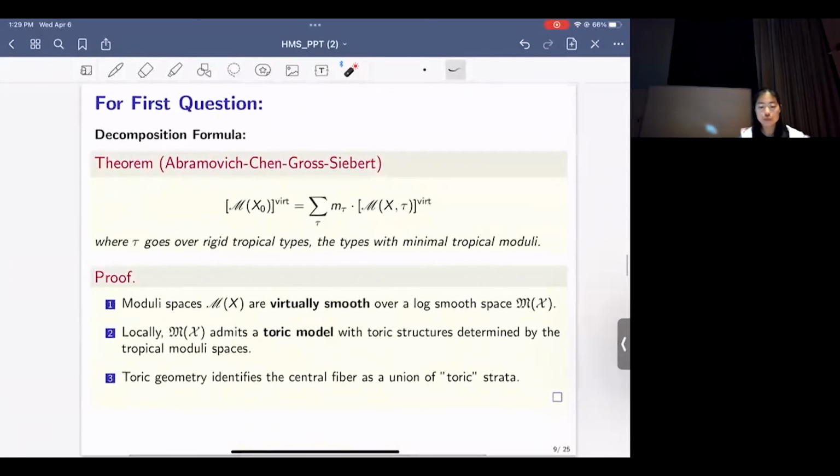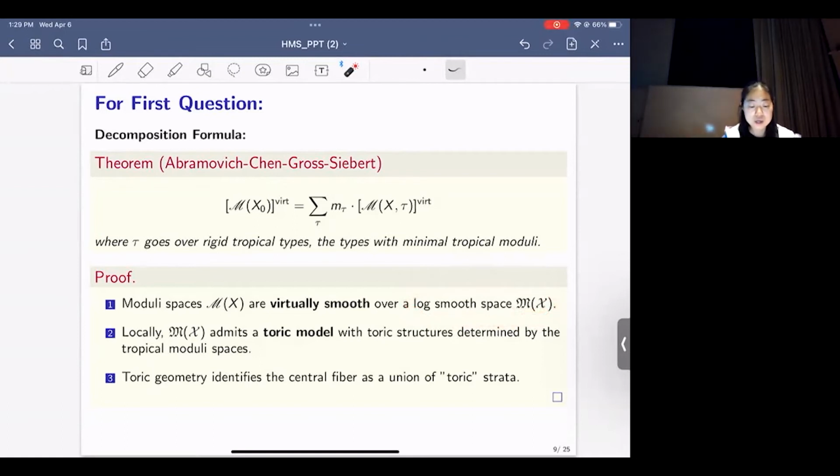So I will briefly sketch the idea of the proof of the first theorem, the decomposition formula. We have this moduli space of maps, and there exists a perfect obstruction theory over a log smooth space, which is called frak M of X, which I will explain on the next page.